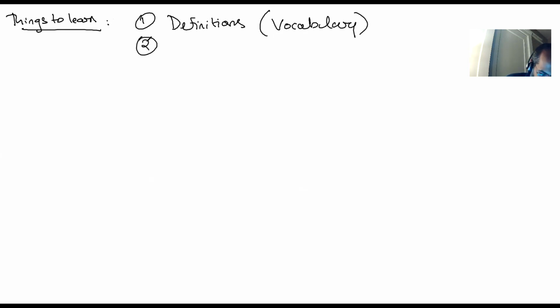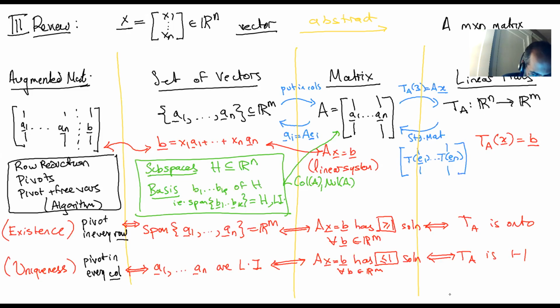The second thing you need to learn, and you need to be aware of throughout, is the different types of objects. You should think of this as maybe part of the grammar of this new language that we're learning. So in this diagram that's drawn here, there are 4 types of objects: augmented matrices, sets of vectors, matrices, and linear transformations.